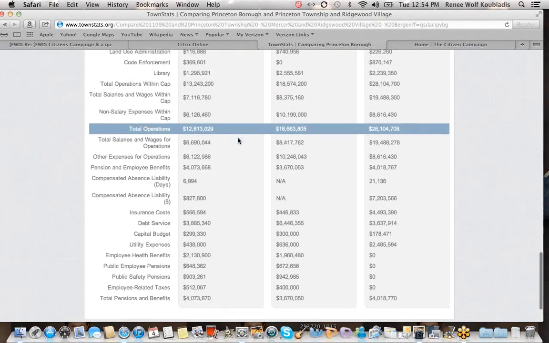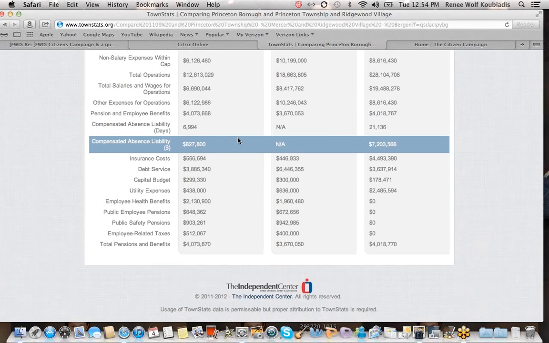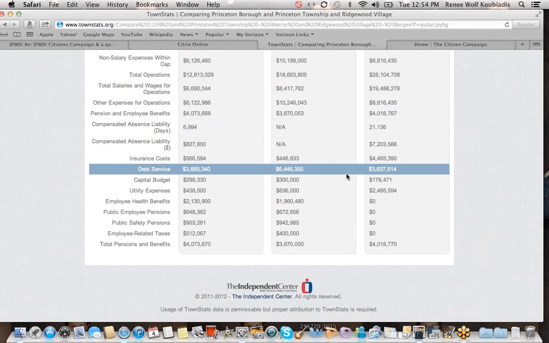So, for example, if you scan down, you have your debt service for the towns. Princeton Township was $6.4 billion in fiscal year 2011. Calendar year 2011, Princeton Borough was 3.885, and it was 3.6 billion in Ridgewood.